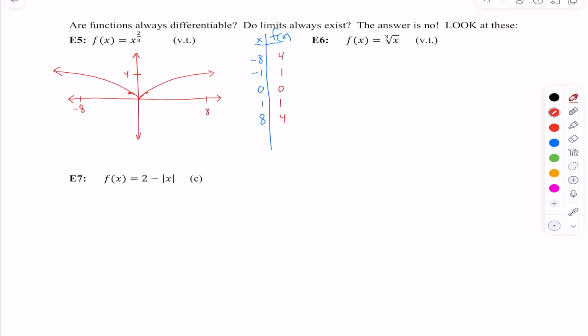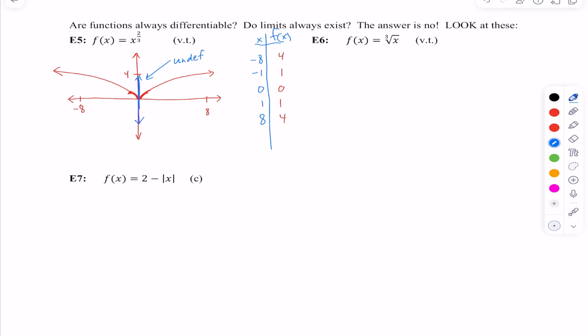What's happening is right here, if you zoom in, the point of tangency is actually vertical here. So if I highlight right here, as you zoom in on the origin, you're going to realize the tangent line here has a slope that is not defined. This is an undefined slope.